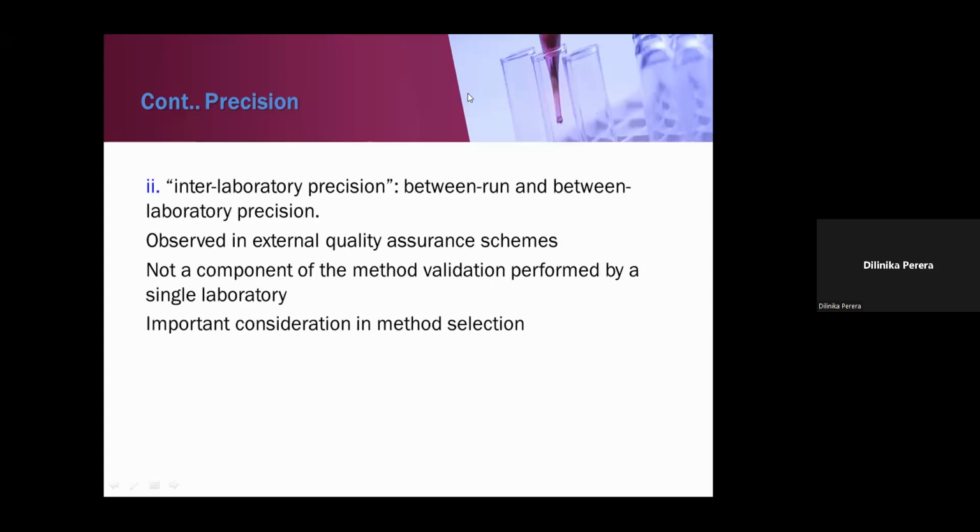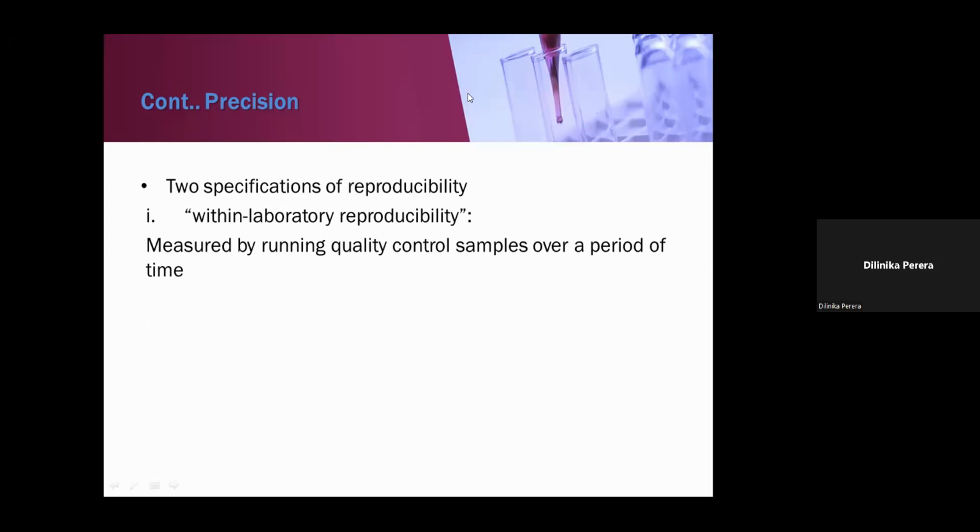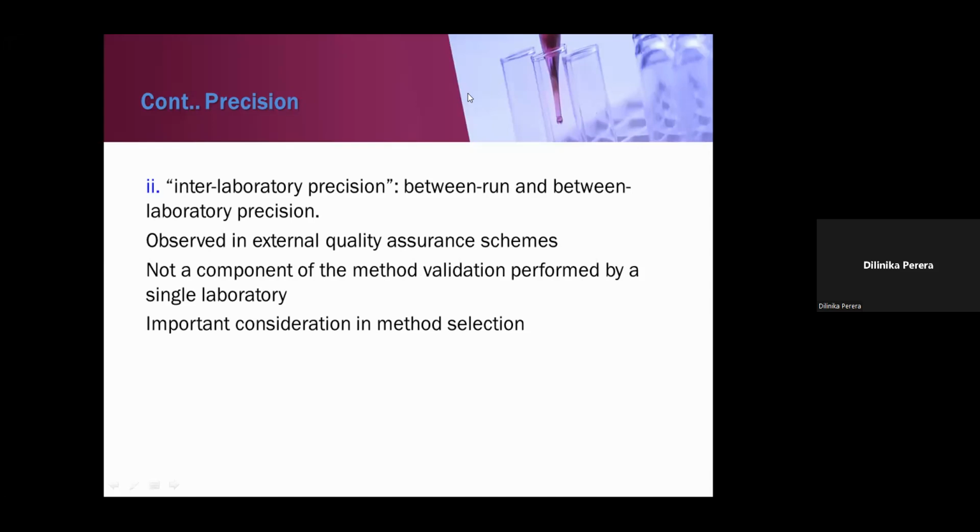Interlaboratory precision is the between-laboratory precision observed in external quality assurance schemes, and it is not a component of a method validation performed by a single laboratory. This is an important consideration in the method selection and evaluation process. So two things for reproducibility: within-laboratory reproducibility and interlaboratory precision.